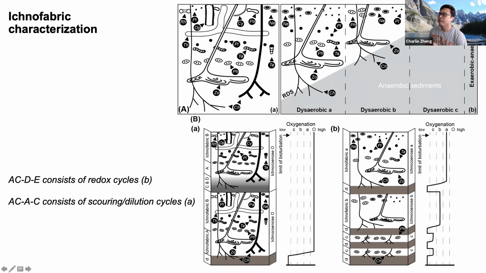If the oxygen concentration in the ocean water is reduced, that will bring up the reduced surface in the sediment, so it's getting shallower and shallower. The available ecospace for the organisms in the substrate decreases. So all the tiers will migrate upward, getting shallower, and progressively become less distinct.